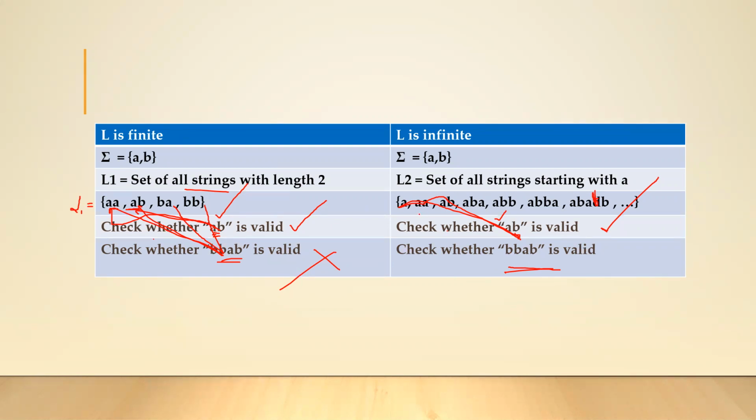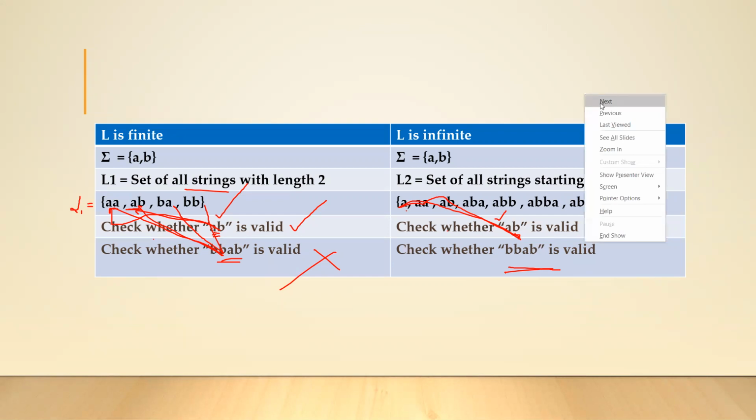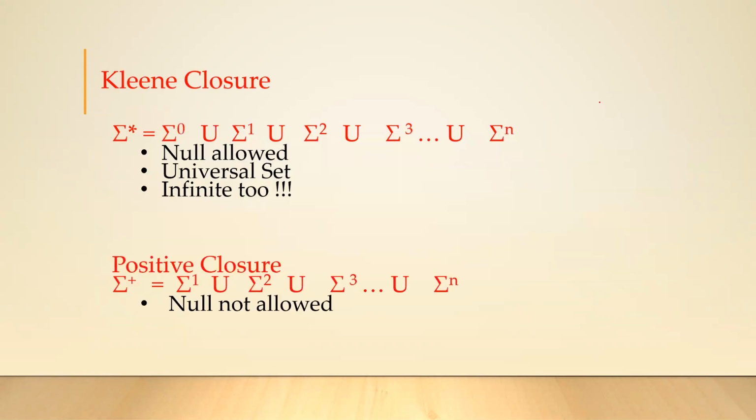I go on checking with my first string whether BBAB is valid, then my second, then my third, fourth. It goes on and on. I'll have to go on checking an infinite number of times, and only then can I tell whether BBAB is a valid string when my language is infinite. So this is how you check whether strings are valid or not.